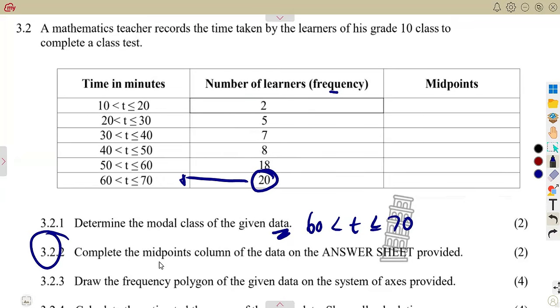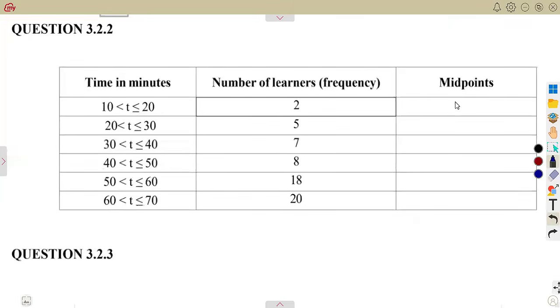3.2.2, it was to complete the midpoints column of the data on the answer sheet provided. So on the answer sheet provided, it was just like this, guys. It was just a repetition. The midpoints, like here. How do you calculate the midpoints?